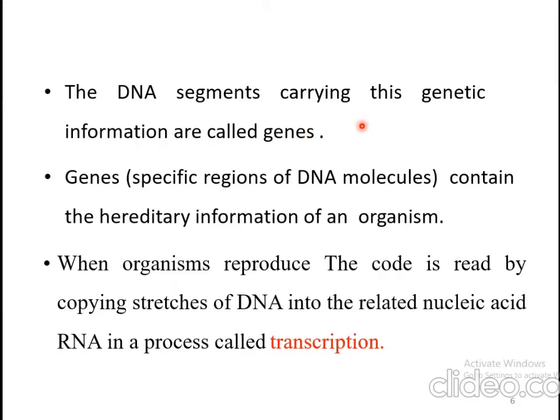DNA segments carrying the genetic information in cells are known as genes. You can also say genes are specific regions of DNA molecules that contain the hereditary information of an organism.